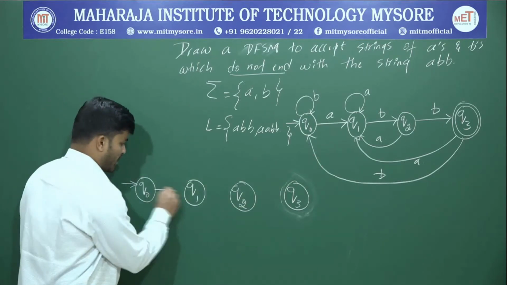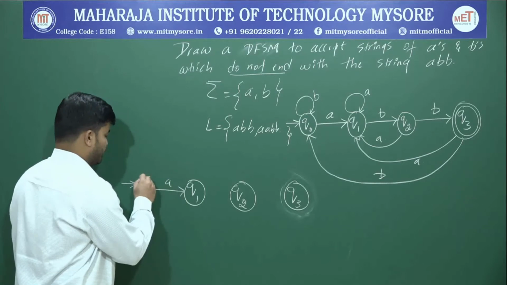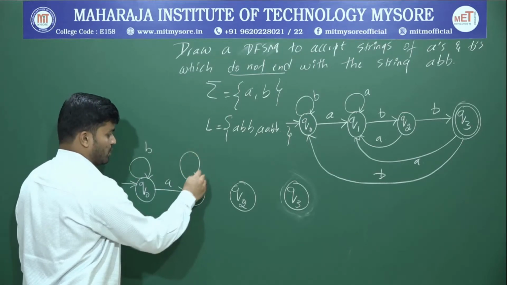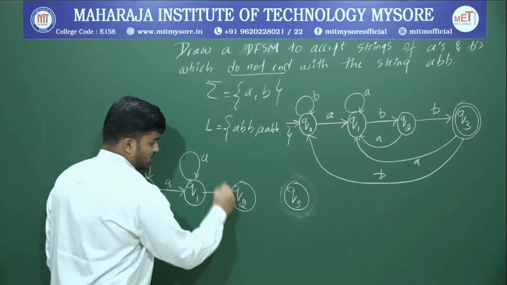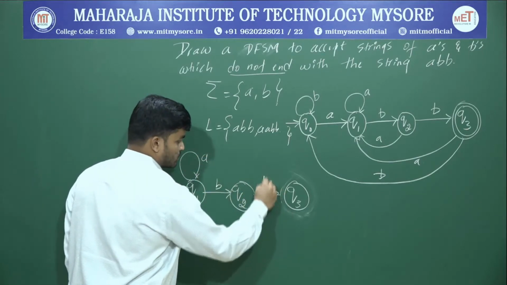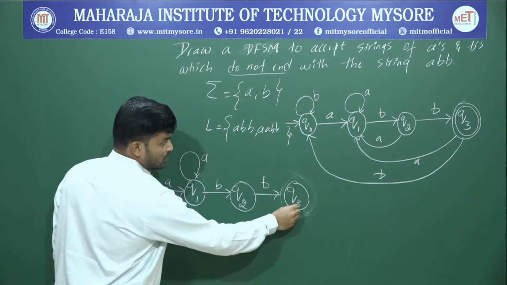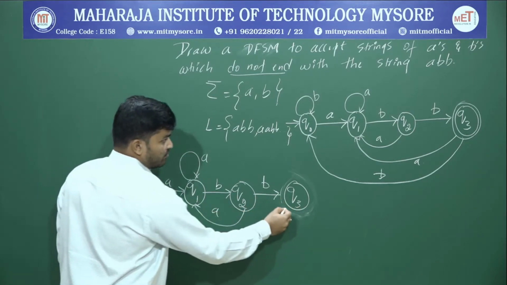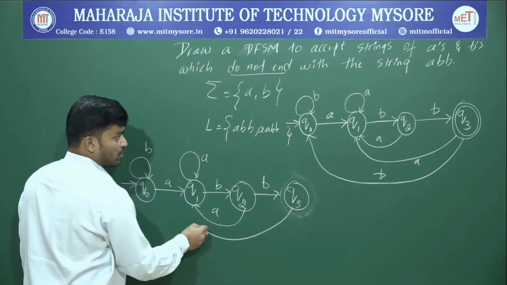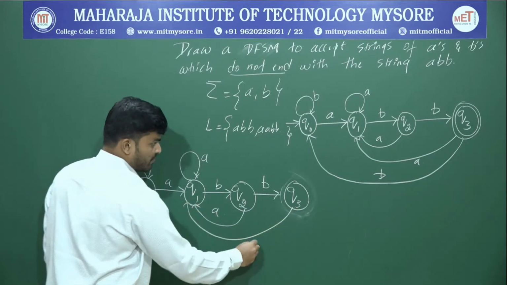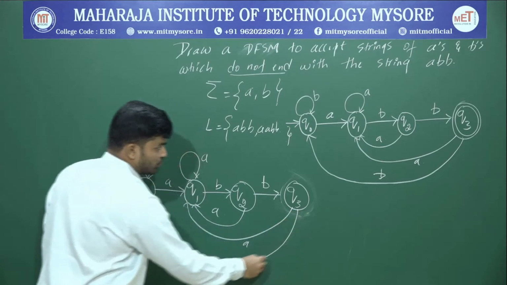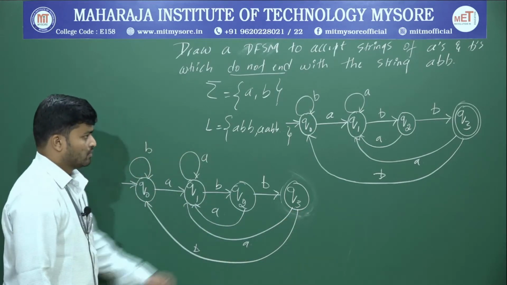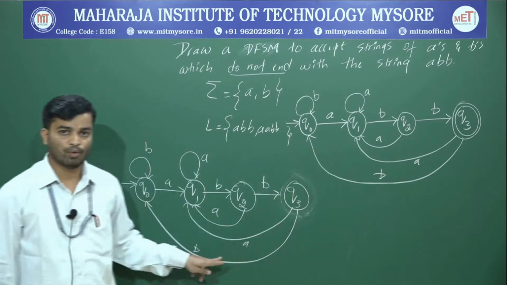The arrows are everything the same: A, B, again a loop upon A. Here you will have B, then from Q2 to Q1 upon A, from Q3 to Q1 upon A, and finally from Q3 to Q0 upon B. So, I have just written the same diagram one more time.